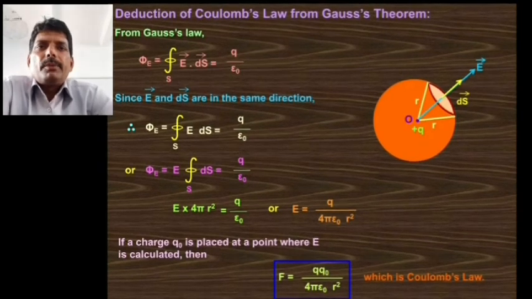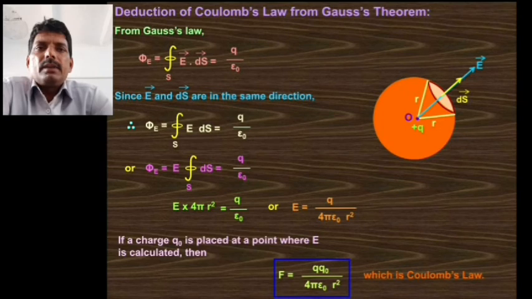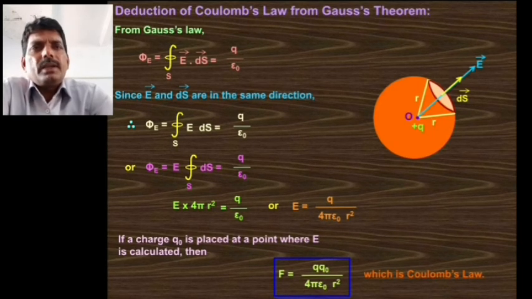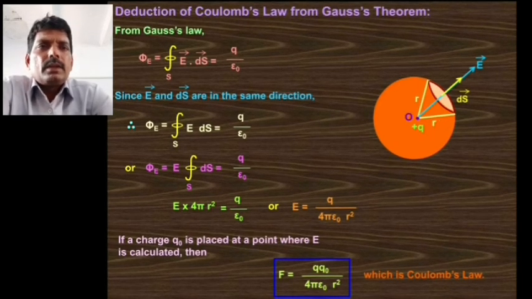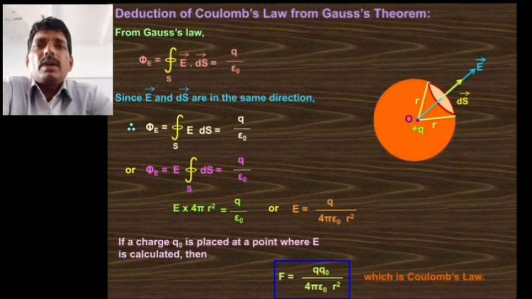If you place a test charge q0 at the point where you want to calculate the electric field, for example on the small area element ds in this figure, you get the electric field, which is inversely proportional to r square. So that was our Coulomb's law.